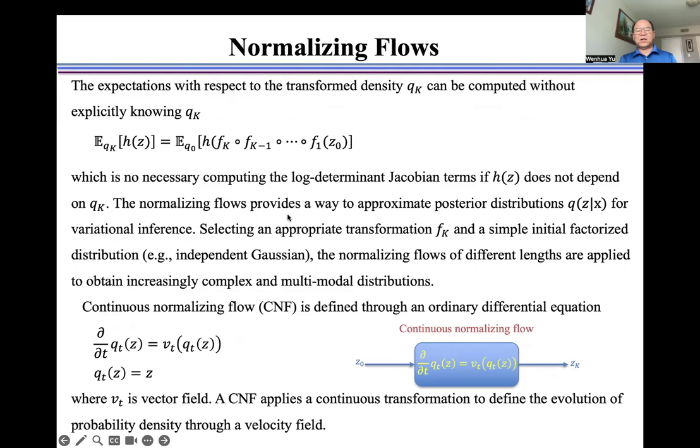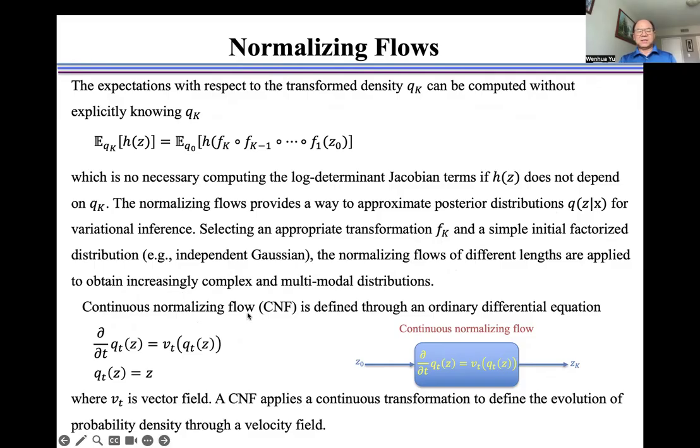The normalizing flows provide a way to approximate the posterior distribution q for variational inference, selecting an appropriate transformation f_K and a simple initial factorized distribution, for example, an independent Gaussian distribution. Normalizing flows of different lengths are applied to obtain increasingly complex and multimodal distributions.